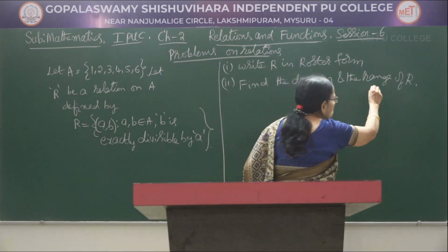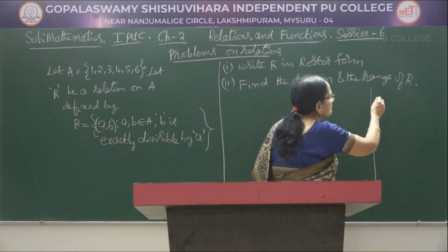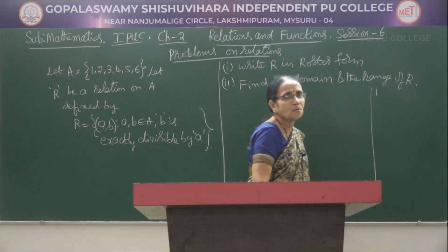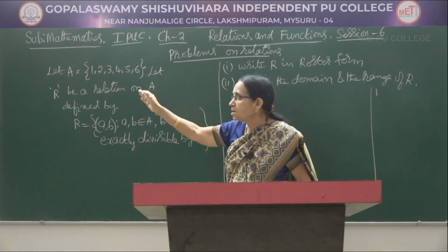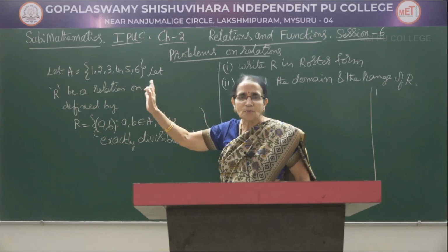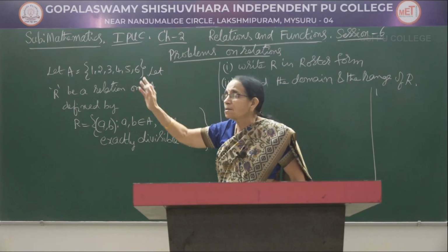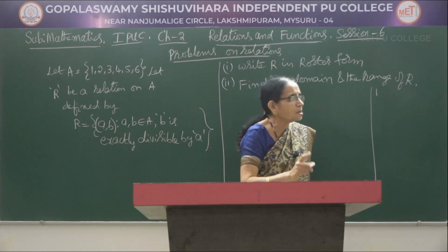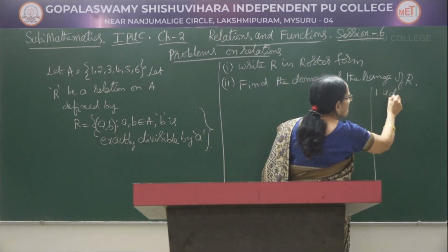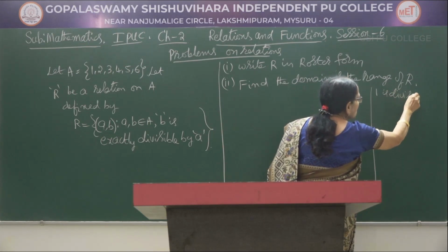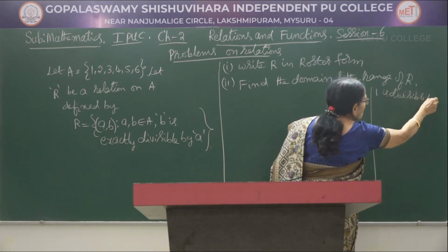This is not absolutely necessary, but if you want, you can write. All the elements of A should be combined with all the elements of A itself, because we have only one set A here. Take the number 1. Can 1 divide 1? Certainly, so 1 is divisible by 1.